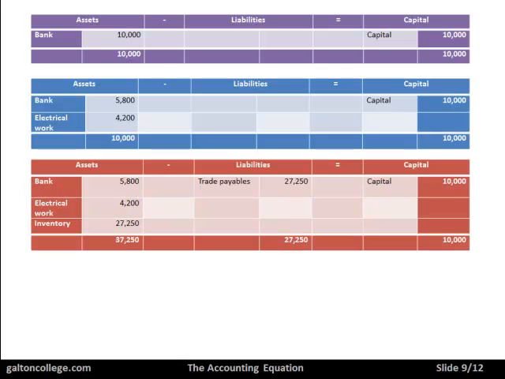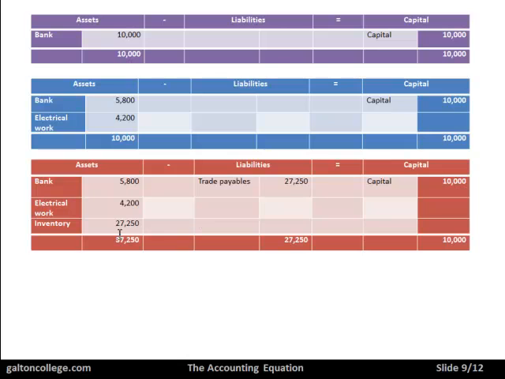Now he decides to sell small car components in the magazine, and he borrows those. So it's a liability. He owes 27,250. But he has now got a stock of 27,250. So he owes it over here, but he's got it as an inventory here. So it's an asset here and a liability there.